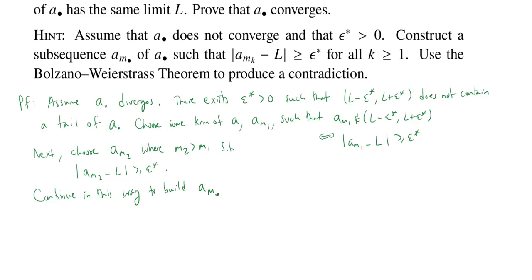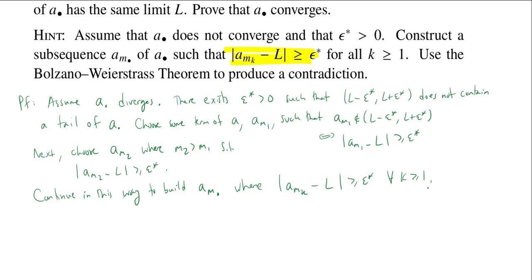And this A_M dot has the property exactly written up above, where the difference between any A_MK and L is at least epsilon star for all K at least 1. Now it says we're supposed to use Bolzano-Weierstrass to produce a contradiction. Well, how are we going to do that?